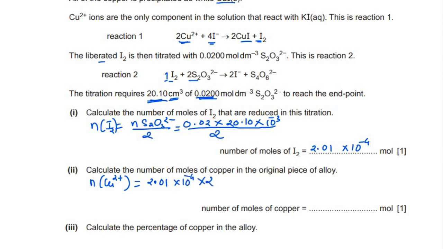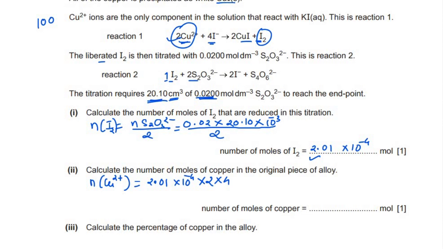Now you must have understood why I multiplied by 2, because compared to iodine the moles of Cu2+ are double. But then remember, we took only 25 cm³ of copper solution for the titration. The total volume was 100. So actually the moles of copper is 4 times the moles which we have calculated here.